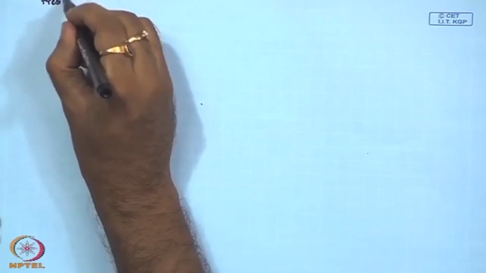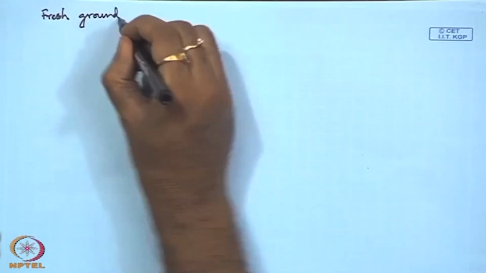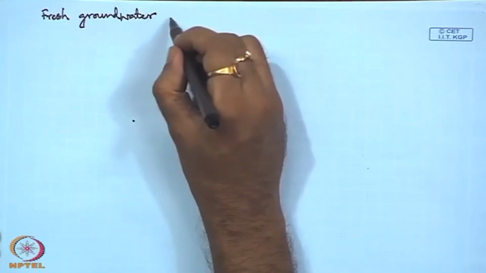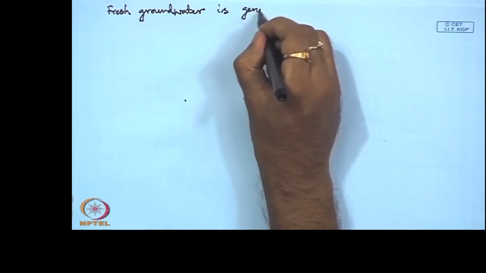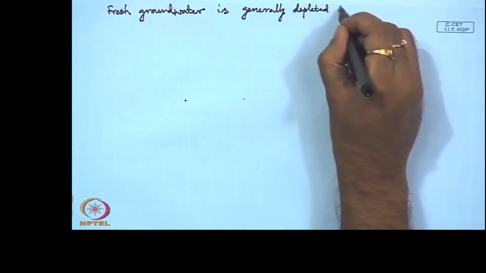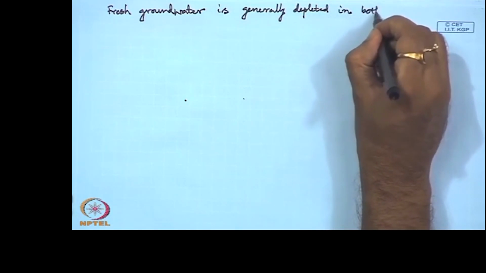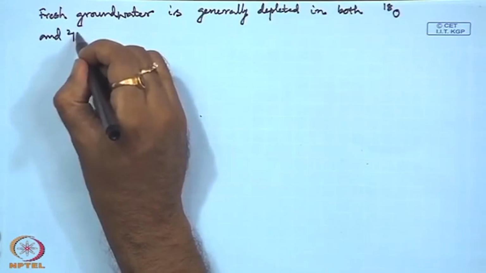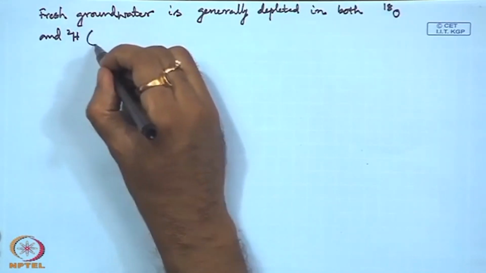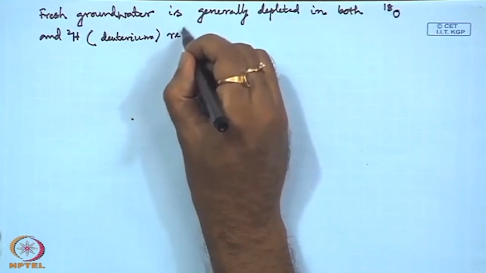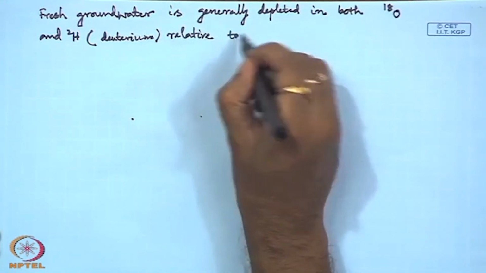Fresh groundwater aquifer is generally depleted in both oxygen-18 and deuterium relative to seawater.